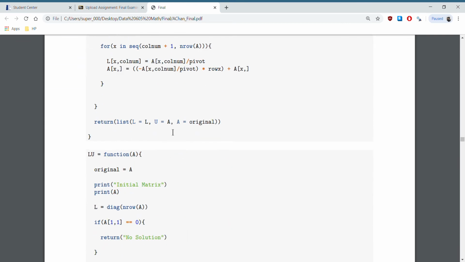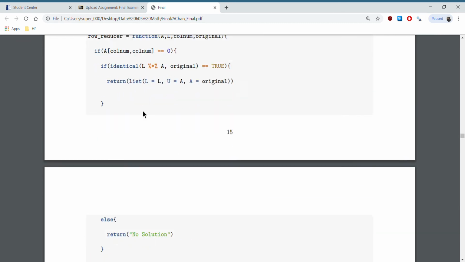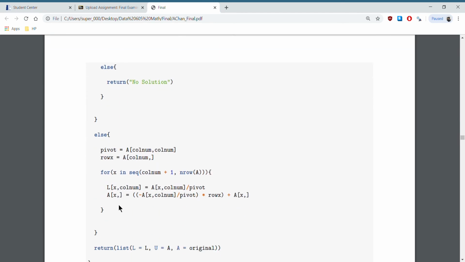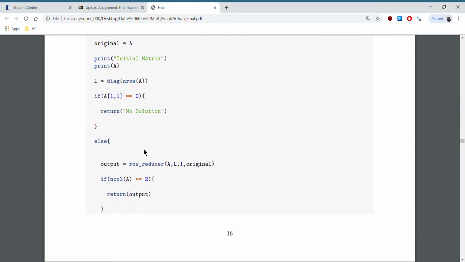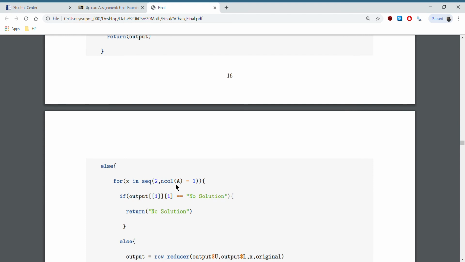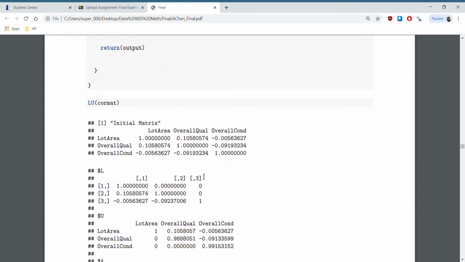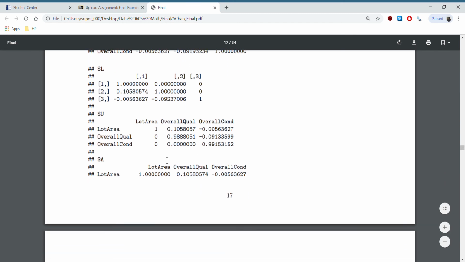And then I have this LU function which actually does the decomposition using this row reducer function. All the row reducer function does is convert a matrix to reduced row echelon form, and then this decomposition parses that form out into the lower and upper matrix. So I did that, and here I have the initial matrix, and then the L and U, and then again the initial matrix.